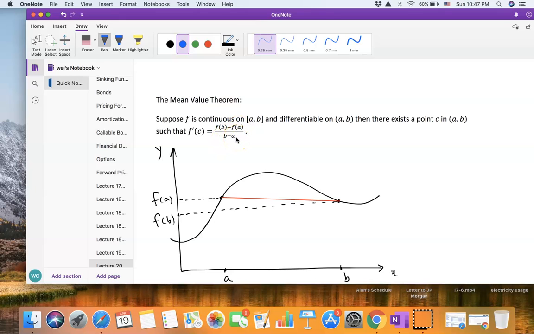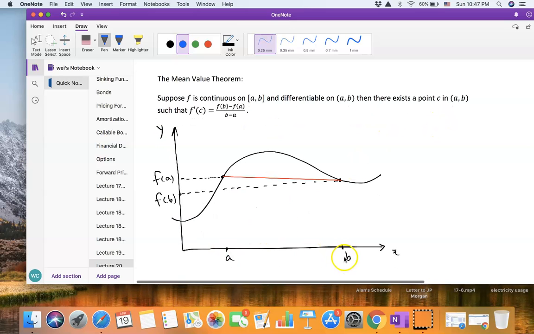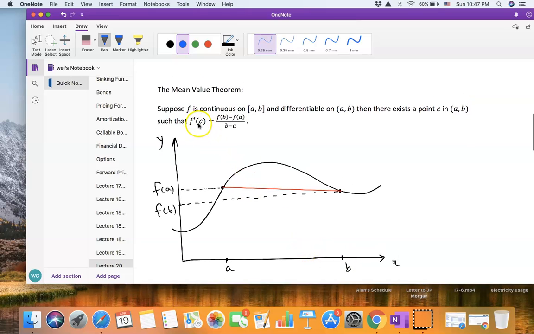So this says if the function satisfies this condition, then we can find a number between a and b such that the derivative at that number is equal to the ratio of the difference of the function values at the endpoints a and b to the difference of these two numbers a and b.